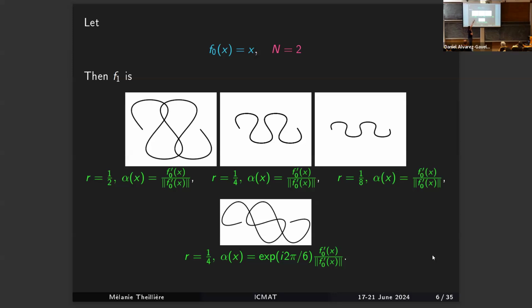When we change alpha, here the corrugation is really orthogonal to the derivative, and here it is at an angle, the angle we just introduced in the exponential. So we start to understand these parameters: the amplitude R, which controls the amplitude of oscillation, and alpha, the vector which controls the direction of oscillation.